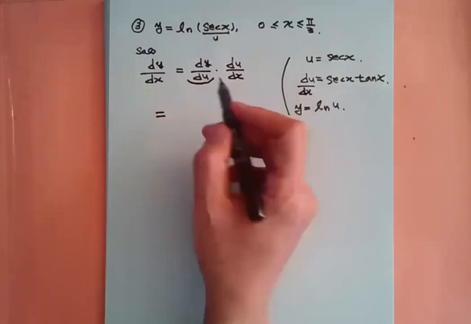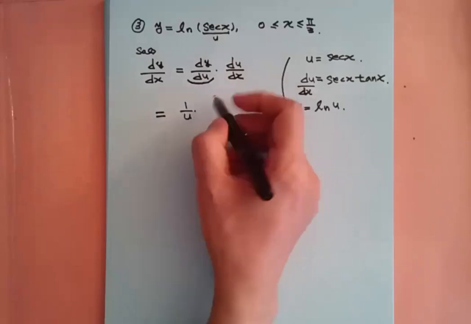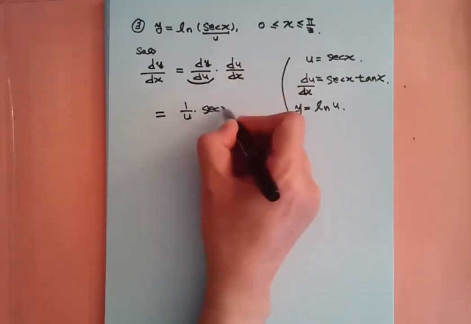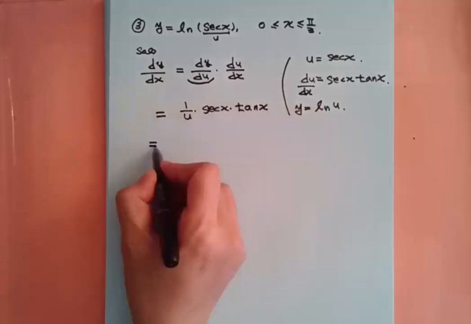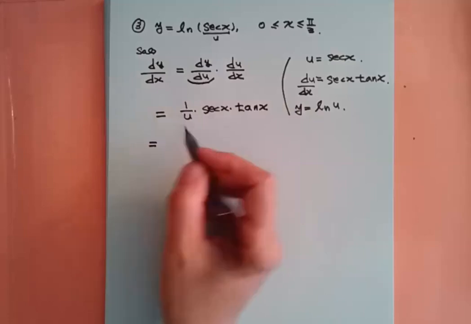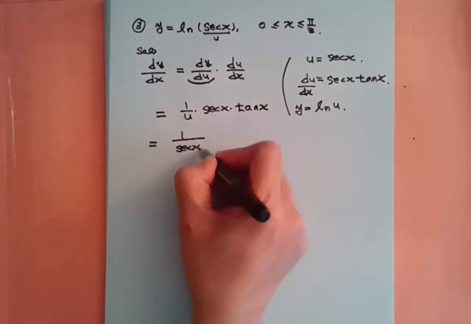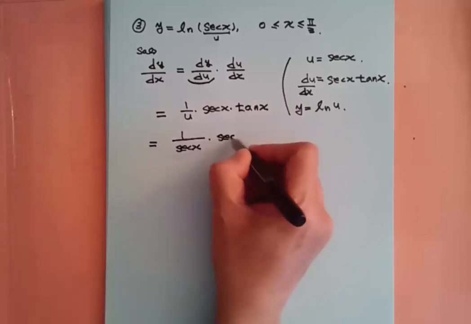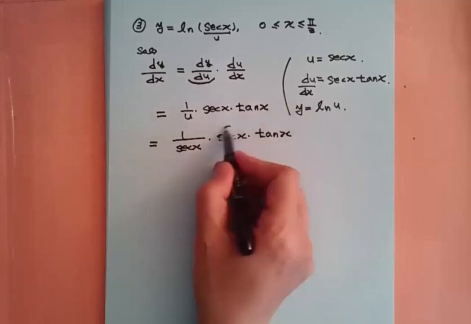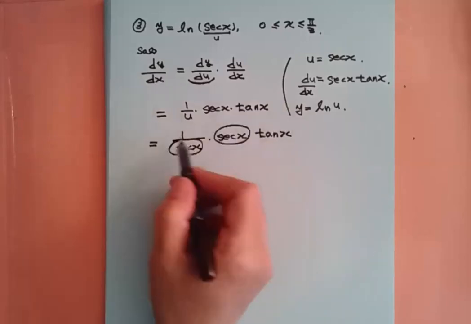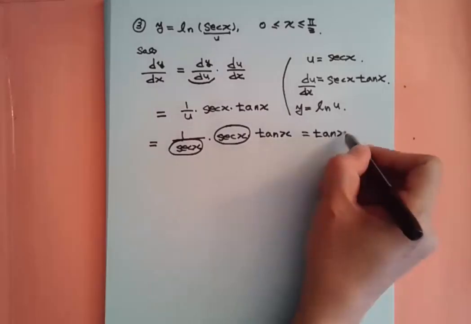So dy over du is 1 over u times du over dx, which is secant of x times tangent of x. And 1 over u is 1 over secant of x. So 1 over secant of x times secant of x times tangent of x. So secant of x will cancel each other. And so that is tangent of x.